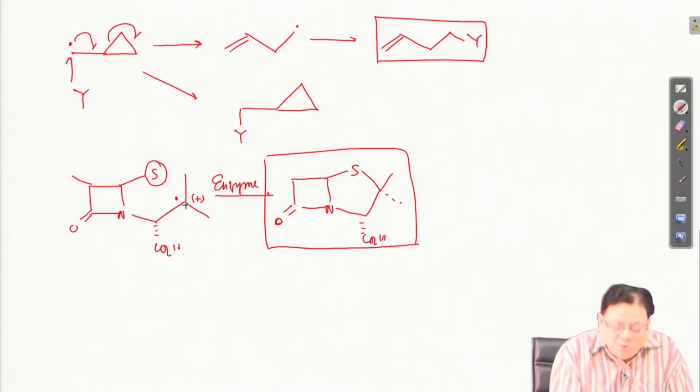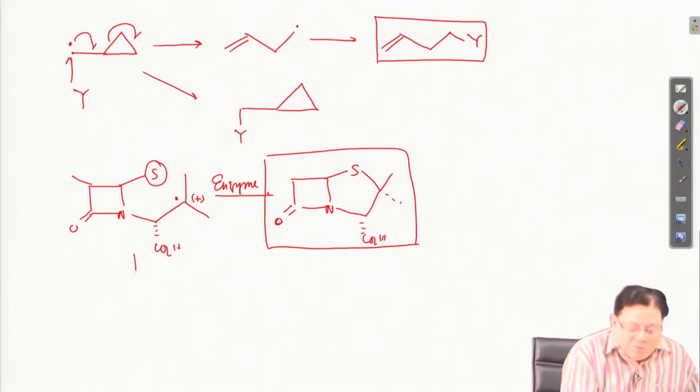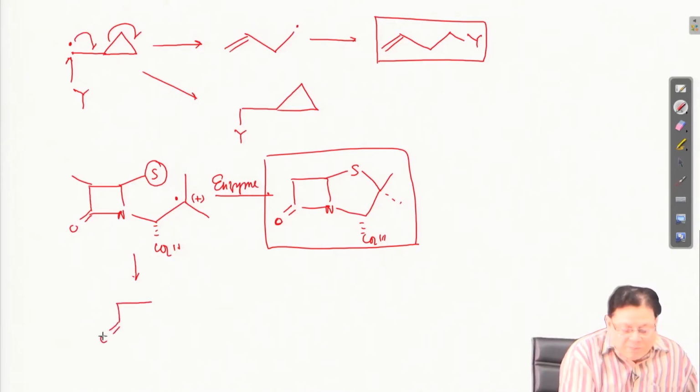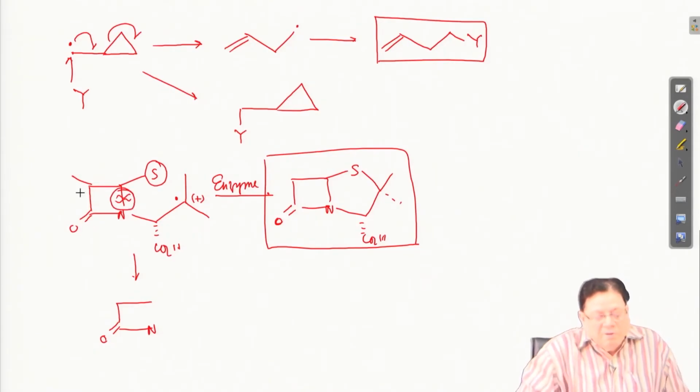The experiment that was done was to make a substrate. Incidentally, the enzyme also forms this carbon nitrogen bond.